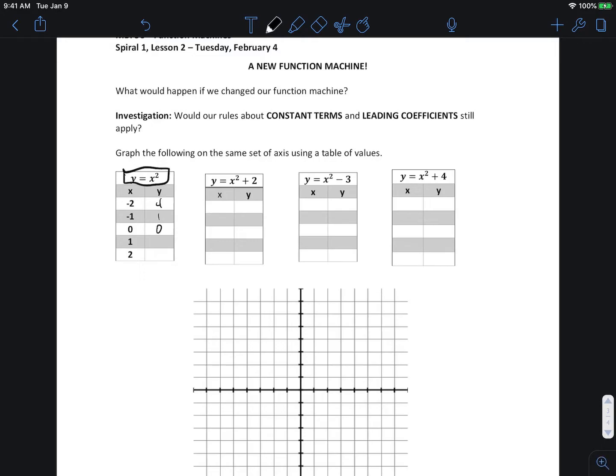And then 1, 0, 1, 4, right? So I end up getting the symmetry about the y-axis, right? So if I plot that now, it's 0, 0, 1, 1, -1, 1, 2, 4, and -2, 4, right? So then I get this, right? That's the base graph. You need to know that one, okay?